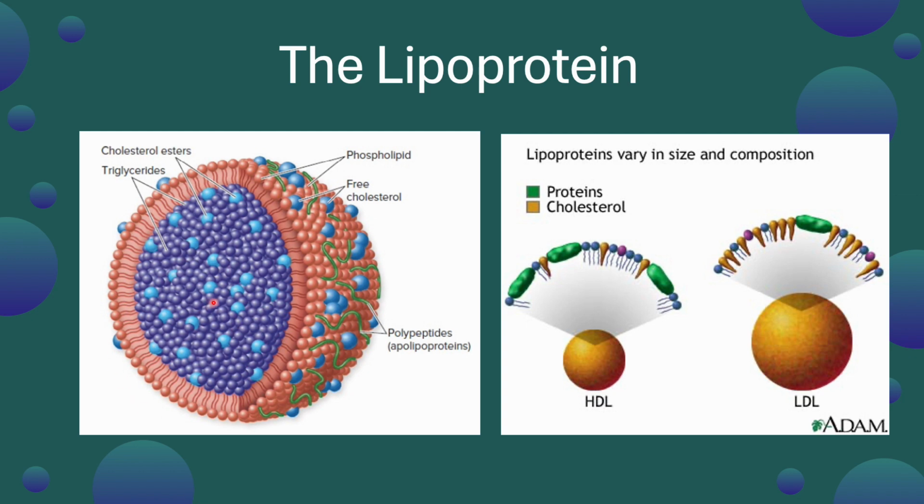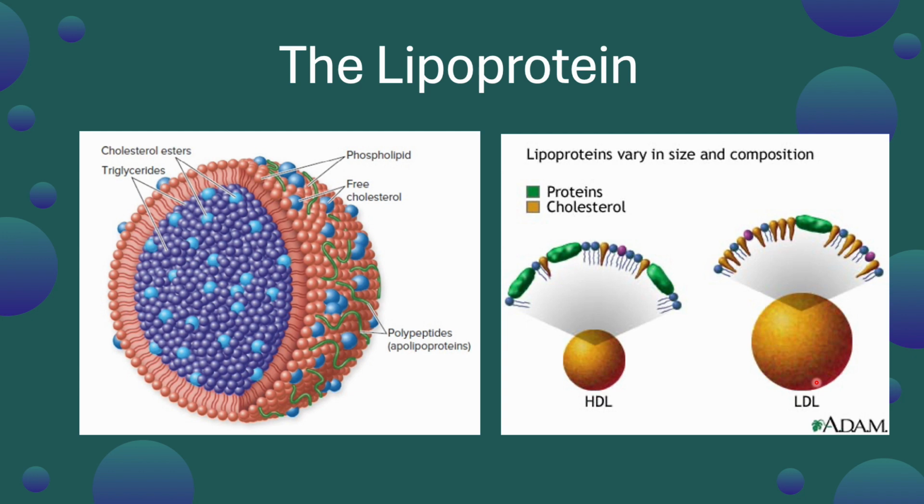And that's how you should think of it, that a lipoprotein has these phospholipids on the outside with some proteins associated with it, polypeptides. And these are the apolipoproteins. I'm not going to talk about the specific apolipoproteins today, but what's important is these lipoproteins contain triglycerides and cholesterol inside of them. And there are typically two major classes: higher density lipoproteins and lower density lipoproteins.